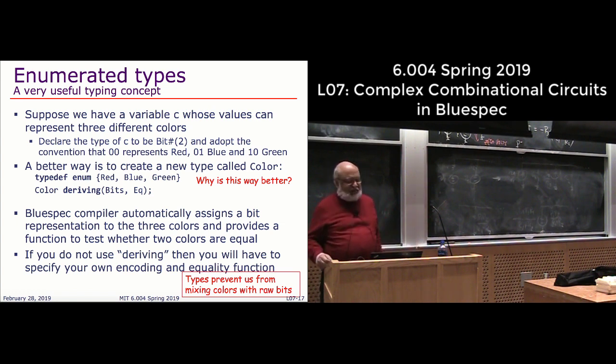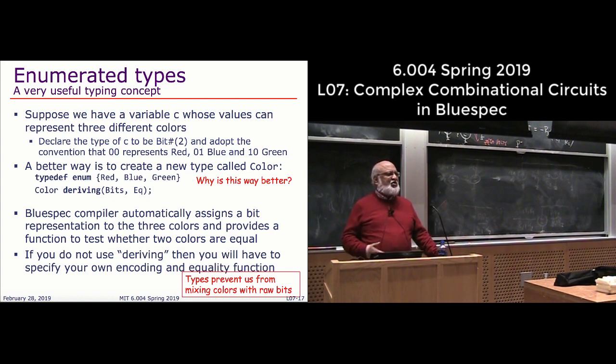You assign some representation and you can write your program, you're happy, fine, right? A better way is to actually declare a type, and we do this using enums. Enum stands for enumerate. And we are saying, there is something called a color, a type called color. And color has to be one of these, right? It has to be either constant, marked red or blue or green.